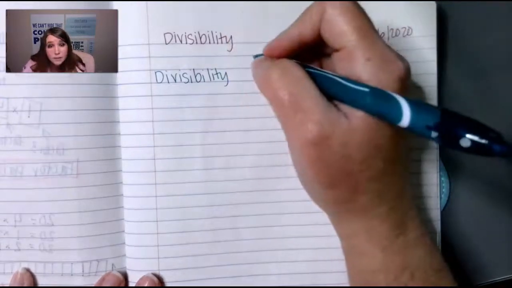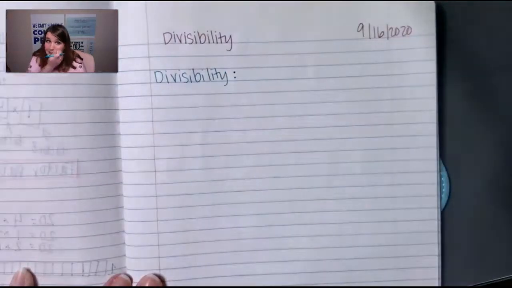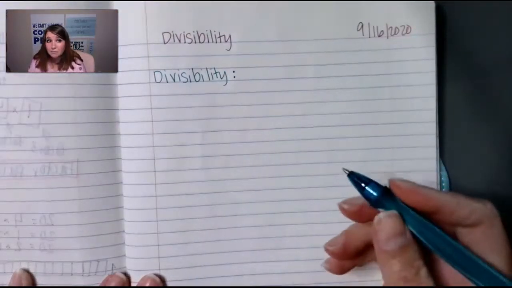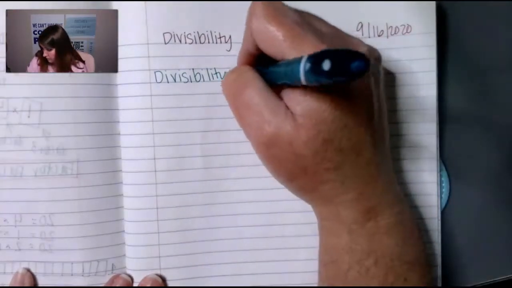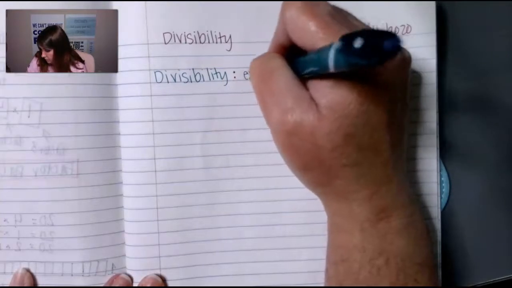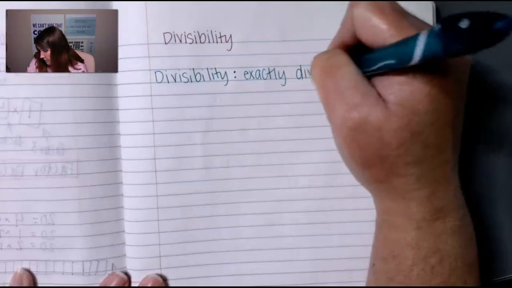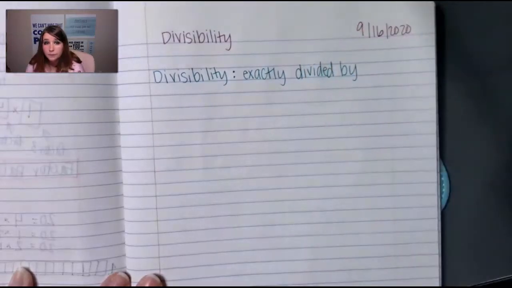Okay, divisibility. So divisibility means that one number can be exactly divided by another.